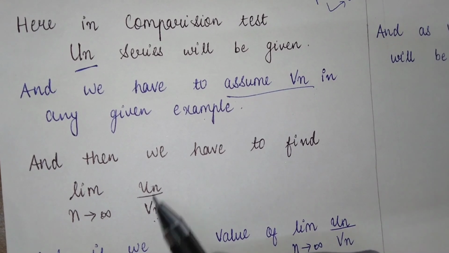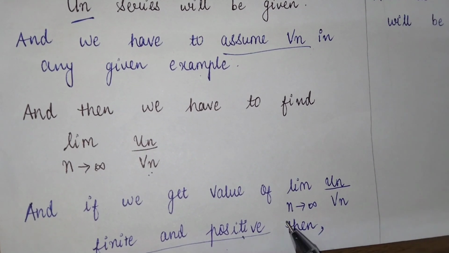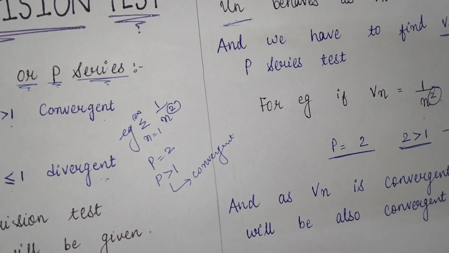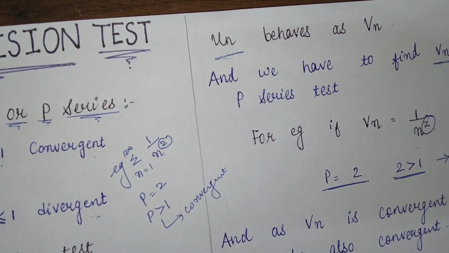That is, you have to take the ratio of Un and Vn and then substitute the limit. If you get a finite and positive value, it means that Un behaves as Vn. And we have to find Vn using P series test.